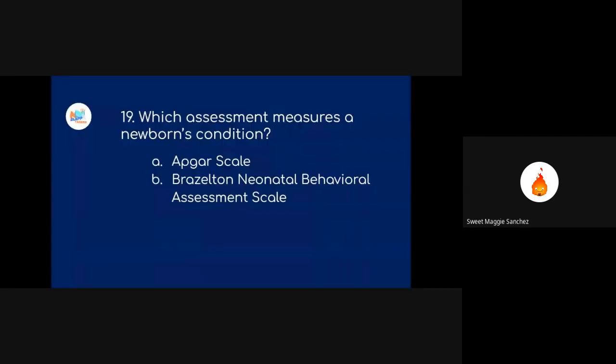Okay, timer stops. Which assessment measures a newborn's condition?